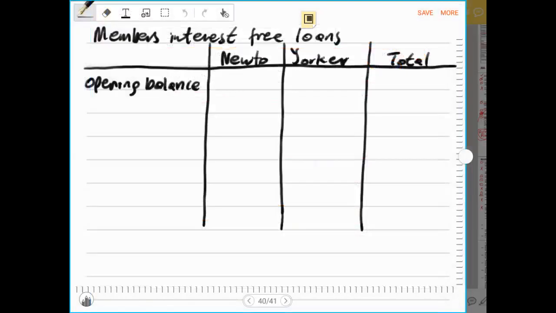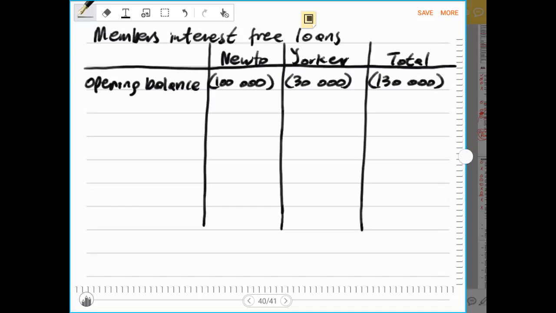Therefore, now I can have that as an opening balance. It will be open brackets 100,000 rands and open brackets 30,000 rands. Then the total will be negative 130,000 rands.